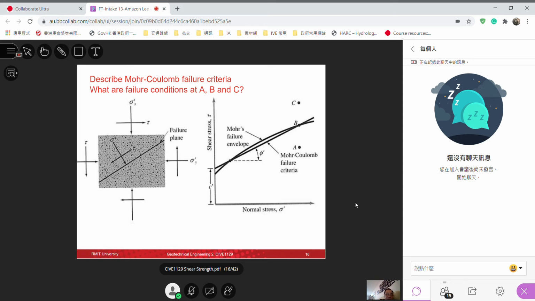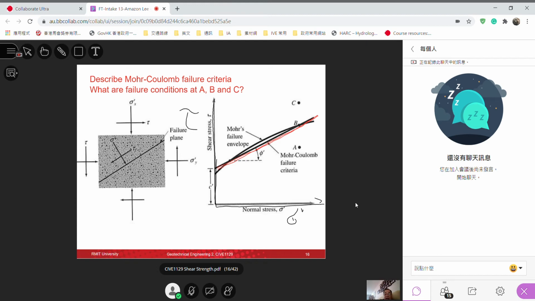Let us recap again. This is the Mohr-Coulomb failure criteria represented by a straight line. The y-axis is the shear stress, the x-axis is the normal stress.